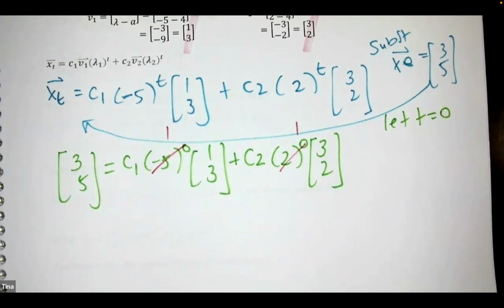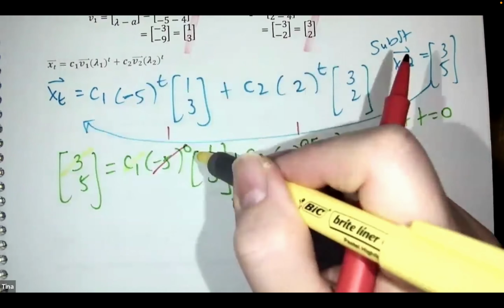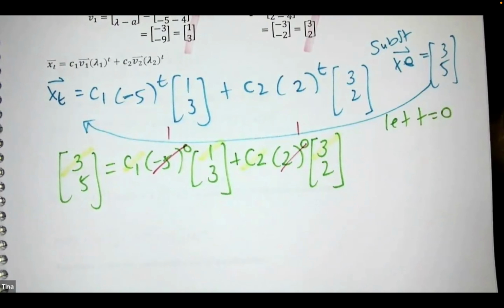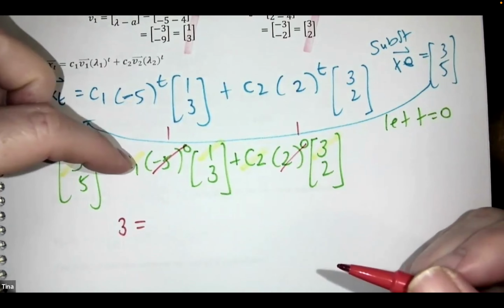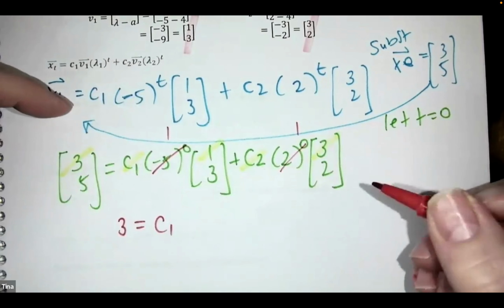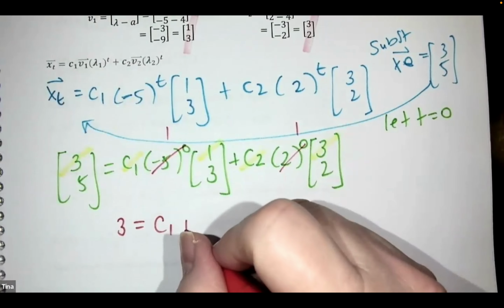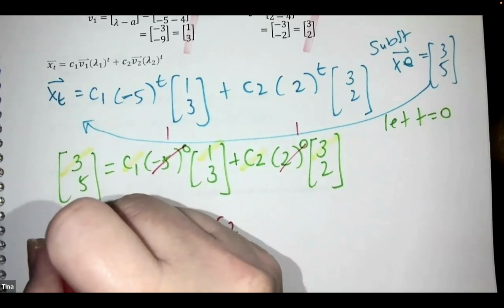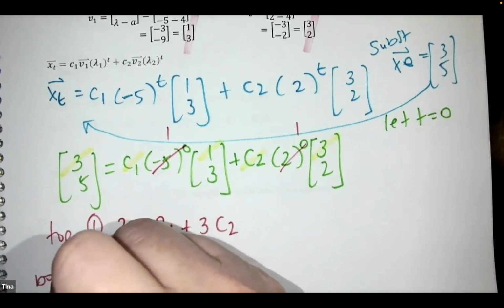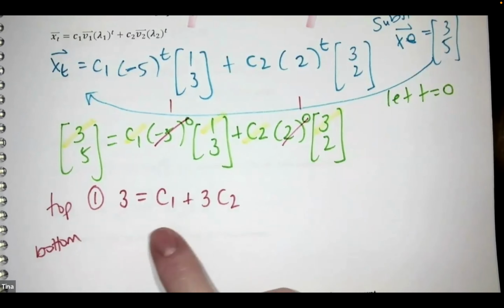And remember, we can get an equation from the top and from the bottom. So from the top, we have 3 equals c1 times 1, so c1 plus c2 times 3. So that's 3c2. So that's the top. And then if we look at the bottom, well, you go ahead, write down what would your equation be here from the bottom.